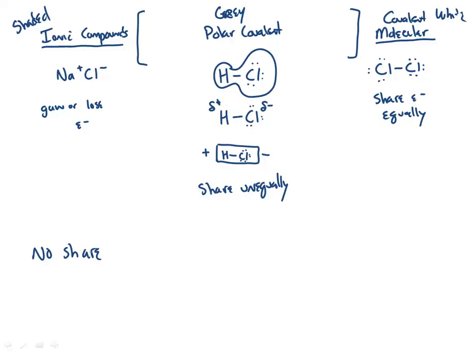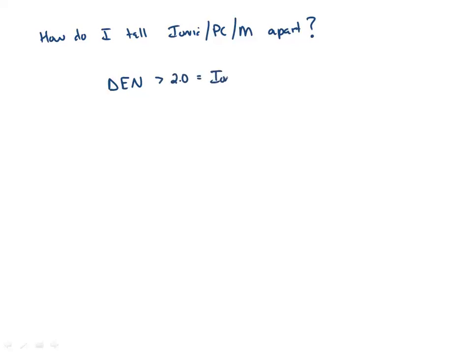And we have a small rule for that based on electronegativity. So how do I tell ionic, polar covalent, and molecular apart? Well, the idea is that we compare electronegativities. If the difference in electronegativity is greater than 2.0, it's ionic.